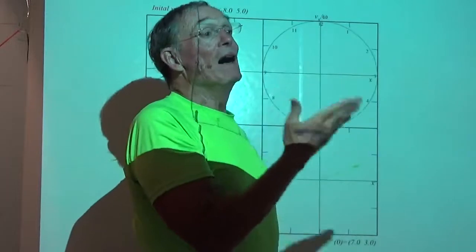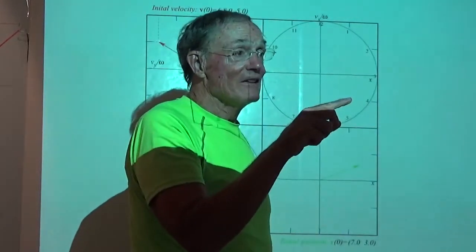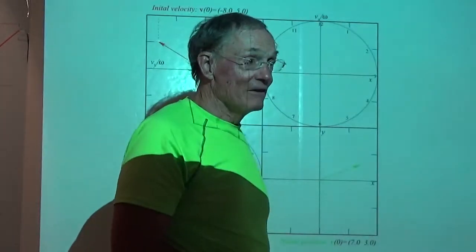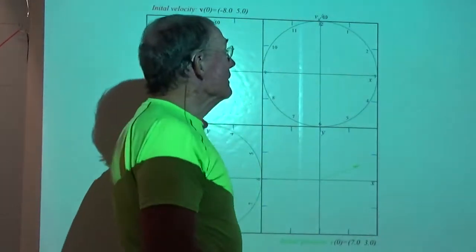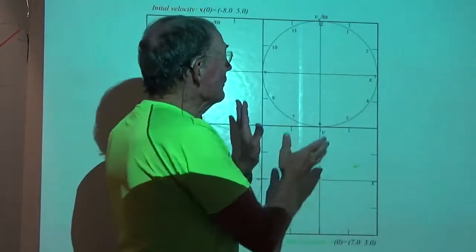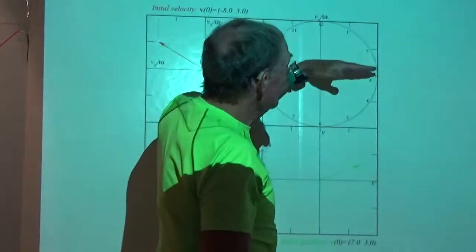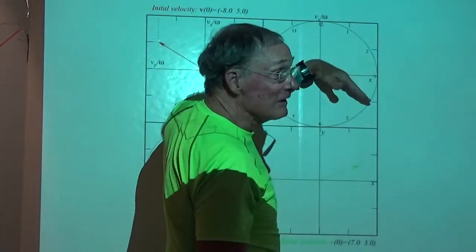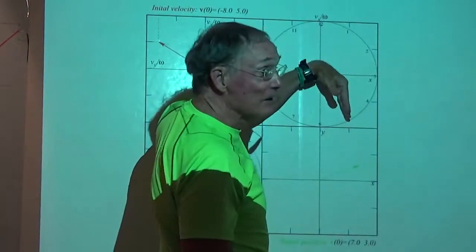Well, that's minus omega times the sine, right? So the minus sign makes the thing go left-handed. That is, it drops to start with.